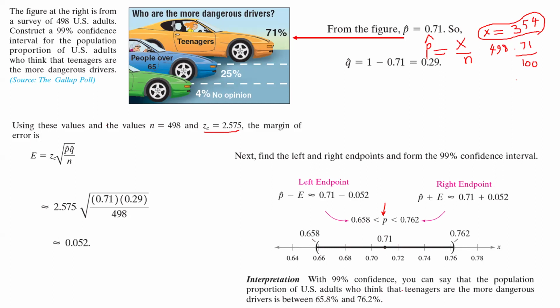With 99% confidence, you can say that the population proportion of US adults who think that teenagers are the more dangerous drivers is in between 65.8% and 76.2%. Now, what is the Python code that you're going to run? Your practice, everybody.